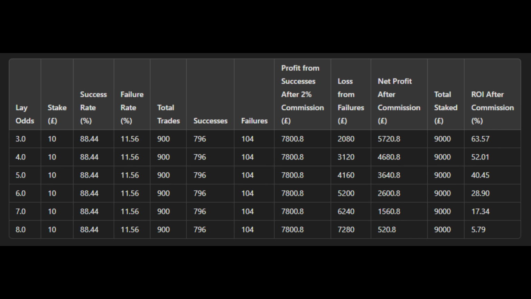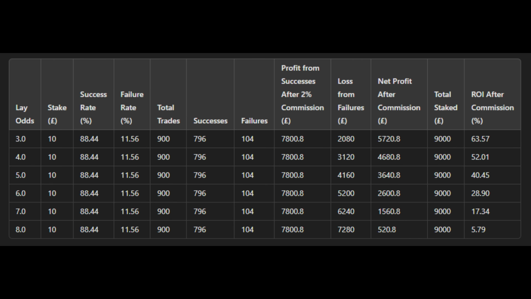Now, when we examine the results, the profitability trends at different odds are clear. At 3.0 lay odds, the net profit after commission is a standout £5,720 and 80 pence, with a fantastic ROI of 63.5%. The lower the odds, the lower our liability per trade, which is crucial for managing risk effectively in a progressive strategy like this one.